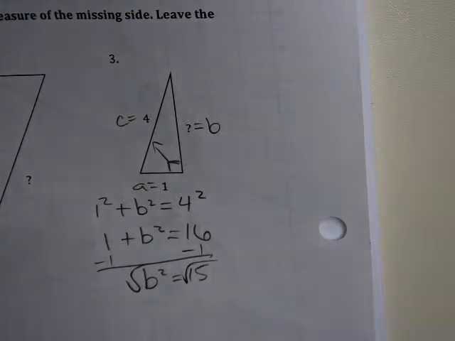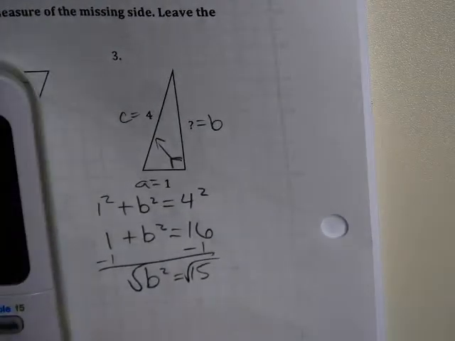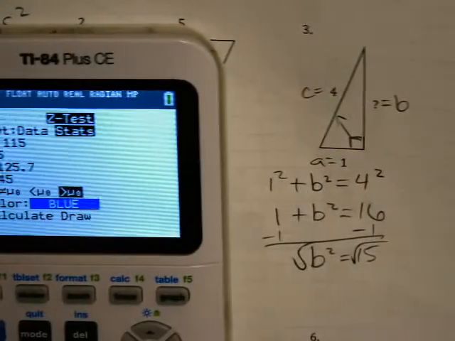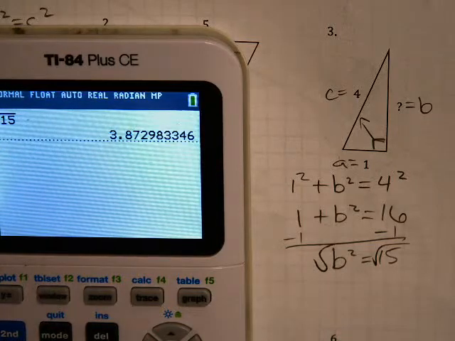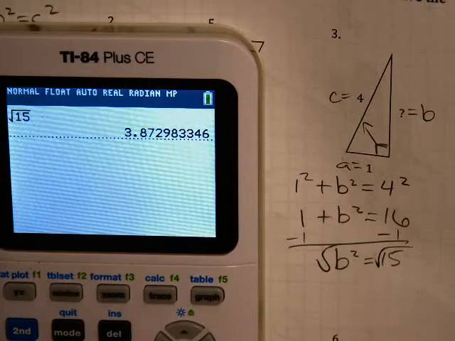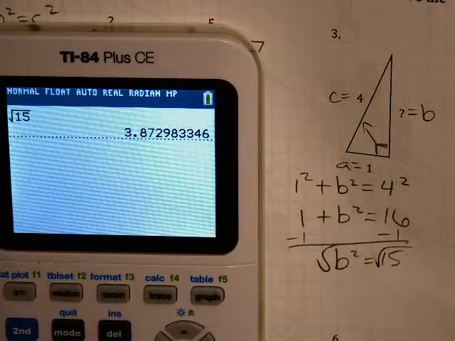Now, here's the problem with that. If I take my calculator and I take the square root of 15, I had a problem. I mean, it's not a massive problem, but this is an irrational number. This is like pi. It's non-ending, non-repeating. So I have to round it.